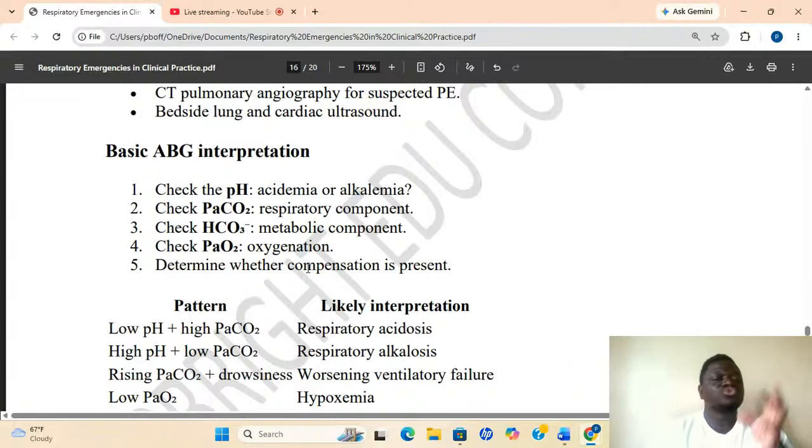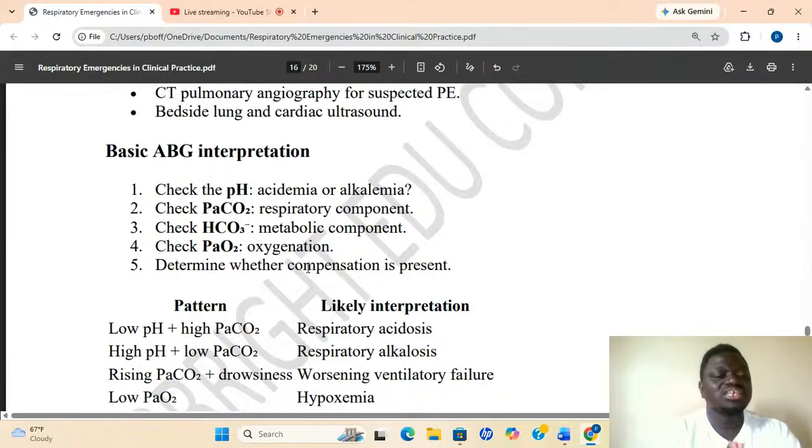So what is the pH? Is the pH acidotic or alkalotic? Then you check the partial pressure of carbon dioxide, for the respiratory issues, respiratory failure. Then your bicarbonate, if you want to know if the cause is coming from, let's say, Kussmaul breathing, diabetic type 1, DKA, and all those.